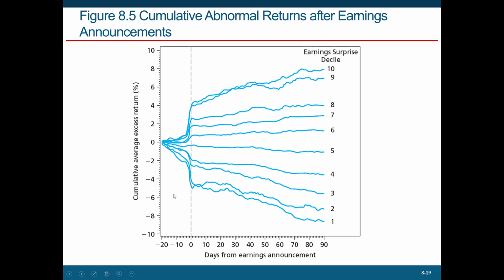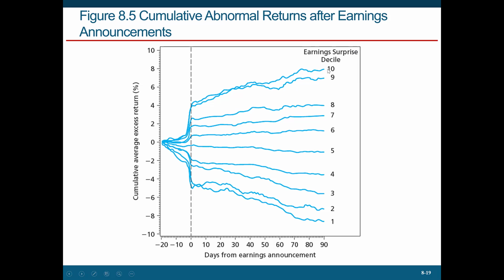Based on the magnitude of earnings surprise, and remember, surprise is important here. If the company reports what is expected, then there is no surprise and we don't expect much of a stock price reaction. But if earnings are much better than expected or much worse than expected, then we expect a positive or a negative response to that positive or negative surprise.